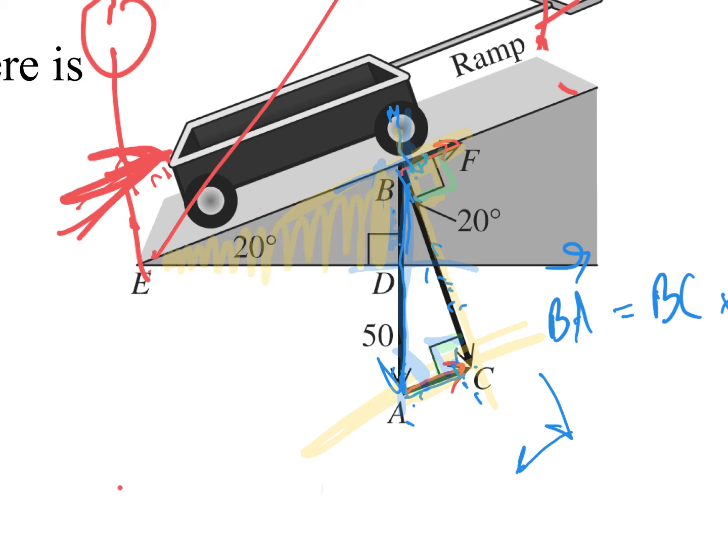This triangle and this triangle are similar triangles. I didn't even notice he labeled that this is a 20-degree angle, which is identical to this 20-degree angle. So yes, they are similar triangles.